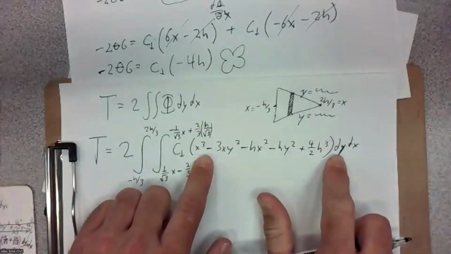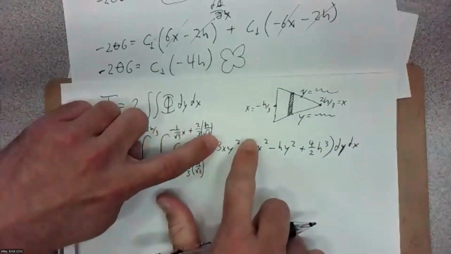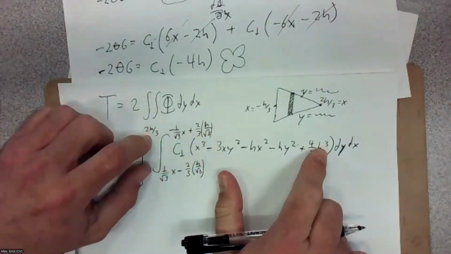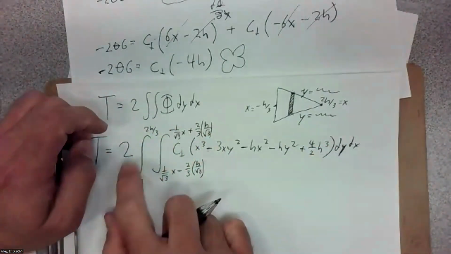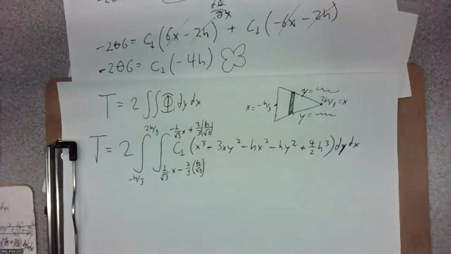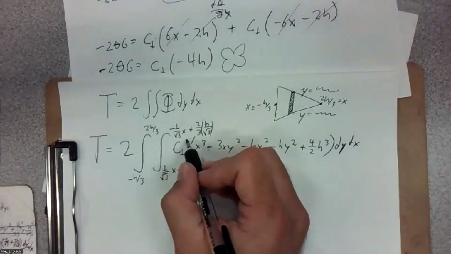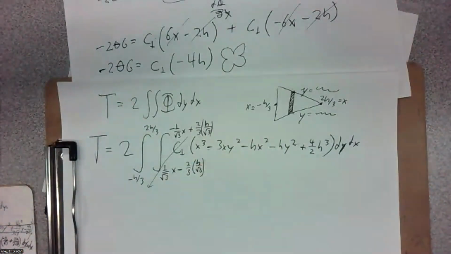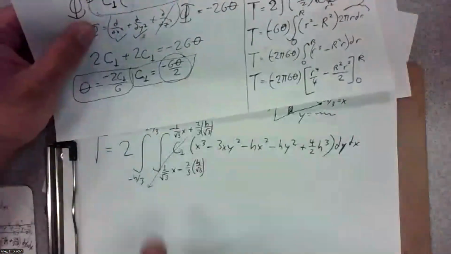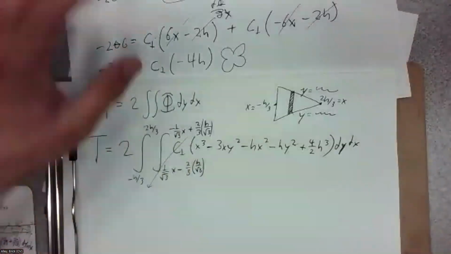So I got to integrate this with y, then jam both of these expressions into the y terms, and then I've got to integrate with x and jam these numbers into there. So it's pretty horrific looking at that there. Remember our C1, we do have a substitution for that. We've got, where'd that guy go?